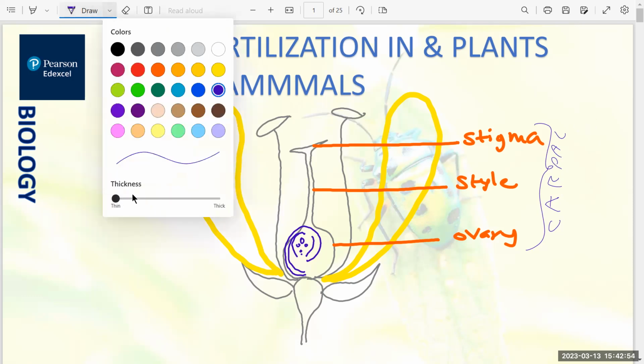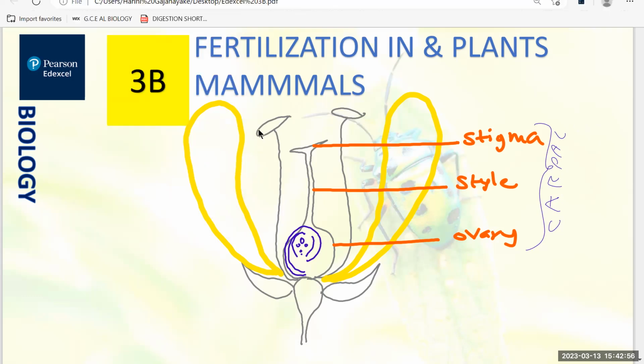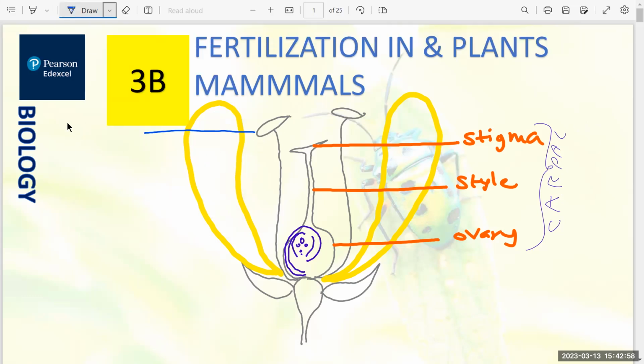And this one, anther, and this is filament. This is the male side of the plant called stamen.